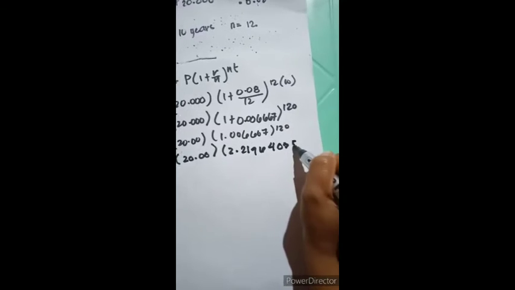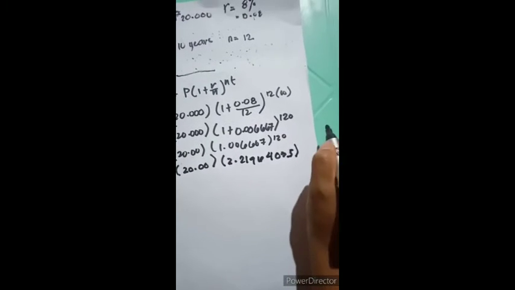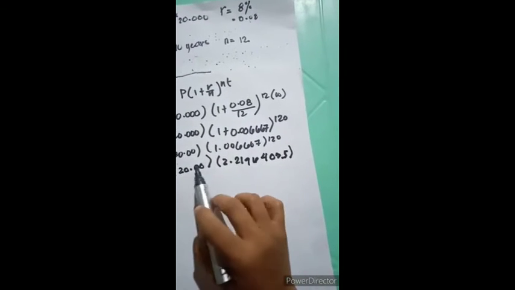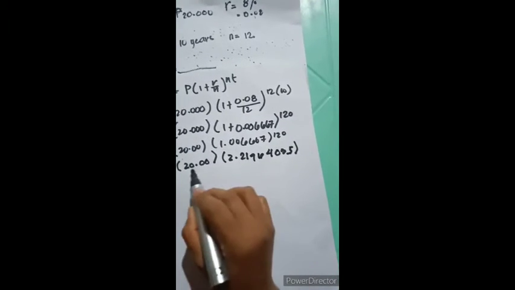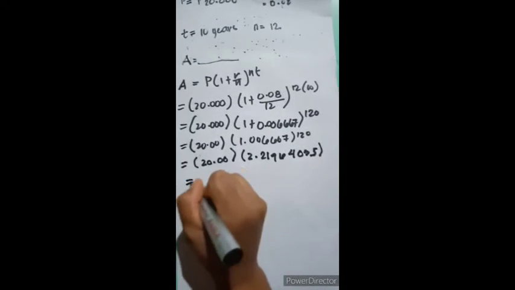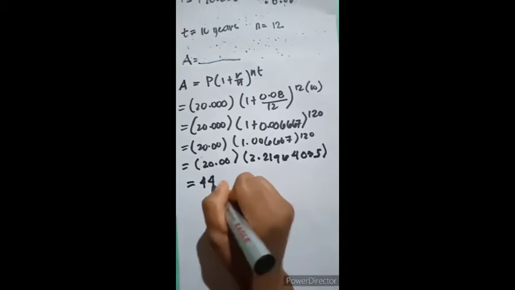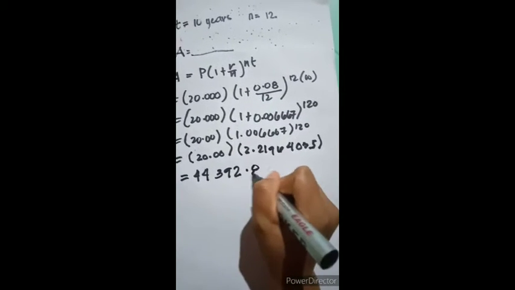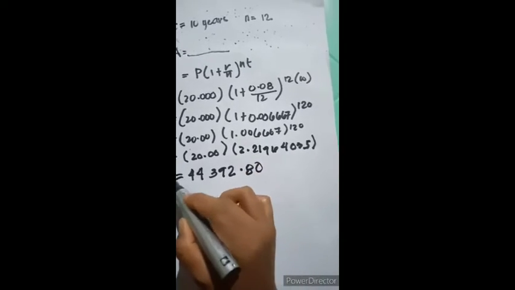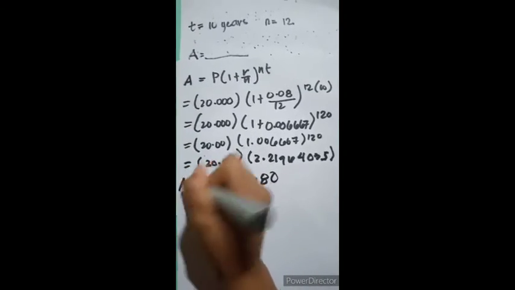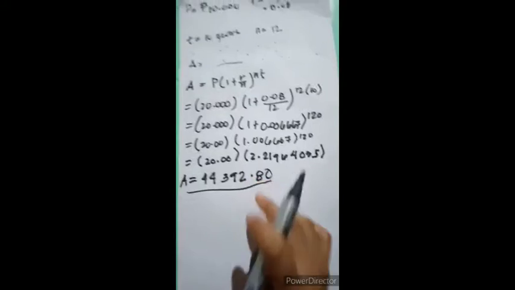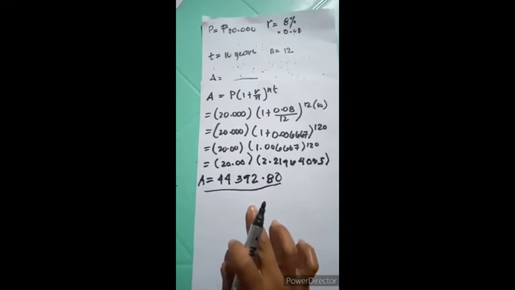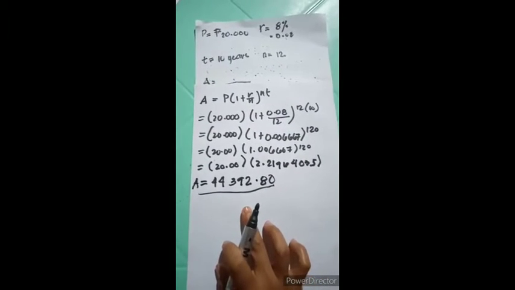Therefore, 20,000 multiplied by 2.219640235 is 44,392.80 pesos. So the future value is 44,392.80 pesos.